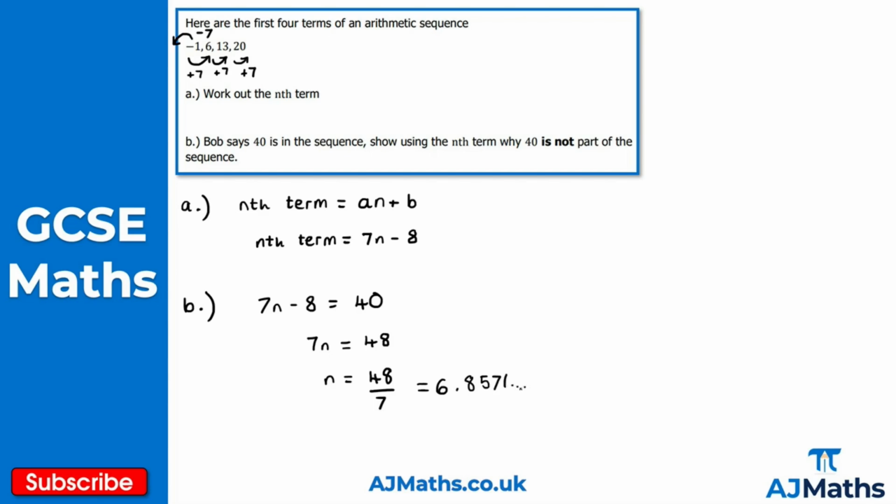So in that case, because n is not a whole number, n is not an integer, this means that 40 is not part of the sequence. That's all we have to do there. So 40 is not part of the sequence. That's our solution, so that gives us the solution to question 3.